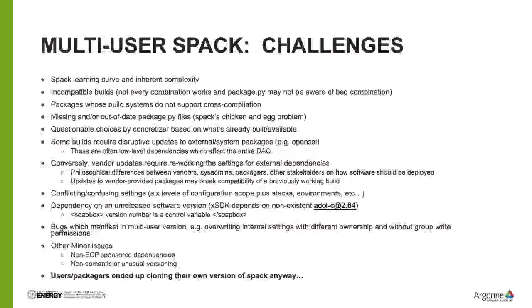Sometimes there are dependencies on unreleased software. Software publishers are not necessarily going to have Spack as their primary concern, and I've seen dependencies on an unreleased software version. For example, in building SDK, it declared a dependency on a version of adl.c, which I don't know if it exists now, but at the time it didn't yet exist.